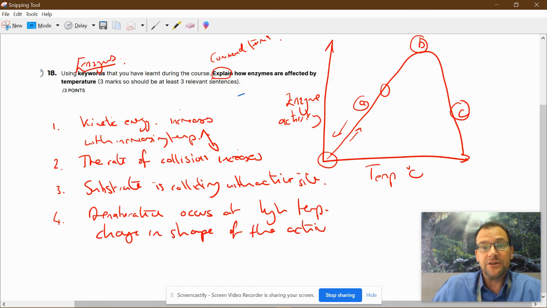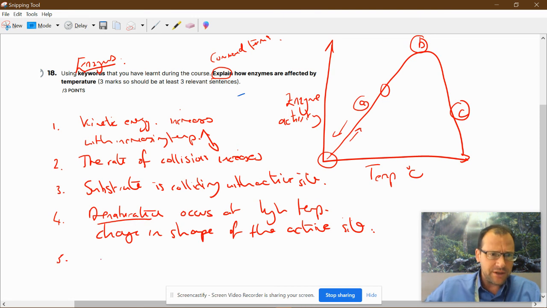So that's the explanation. Denaturation is more like a descriptive term, really. It doesn't really explain what's going on. So the change in the shape of the active site gives you that mark. I'm not just going to accept denaturation on its own.